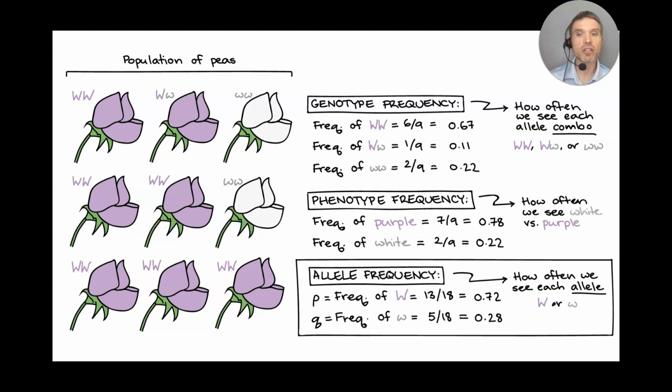With the allele frequency, remember that all individuals contribute 2 alleles to the population. Similar to our genotype frequency, we just count the number of W's, the big W's, 13 of 18 for 0.72, and 5 of 18, which equals 0.28. Notice I represent these as a decimal.